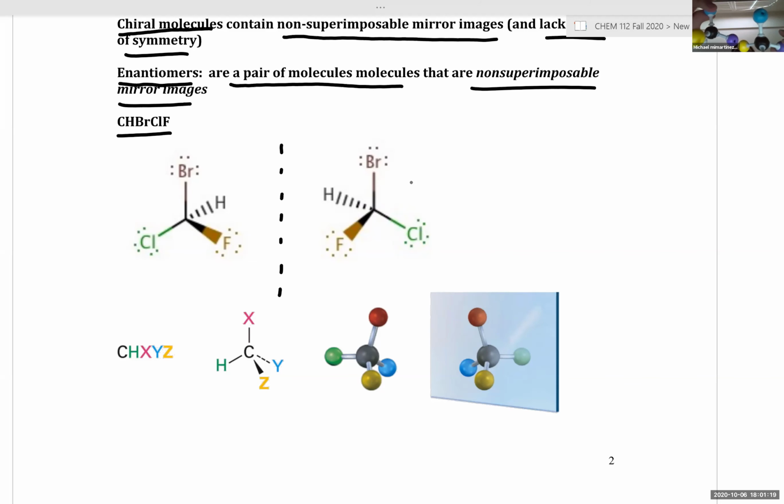No matter how hard we try, these two mirror images are non-superimposable. We have different substituents at different positions in 3D space. As a result, we conclude that these two chemical species are enantiomers of each other. They're non-superimposable mirror images.